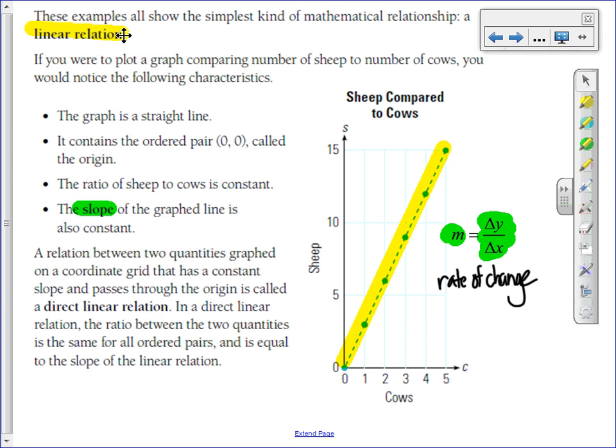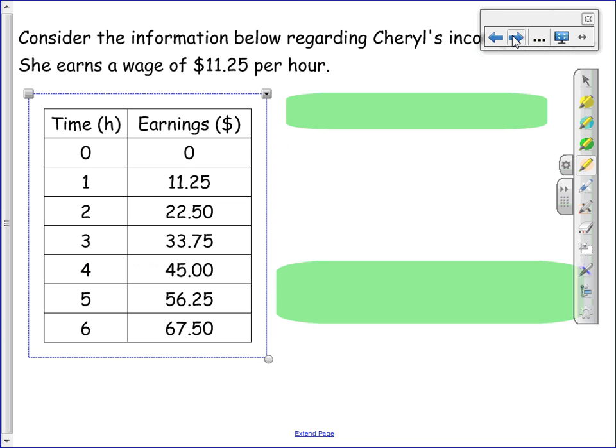And the last definition that you'll be writing down in a little bit is a direct linear relationship. You can see that that's one that's going to go right through the origin, being the coordinate 0, 0.